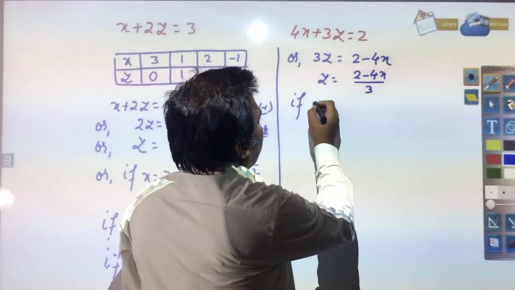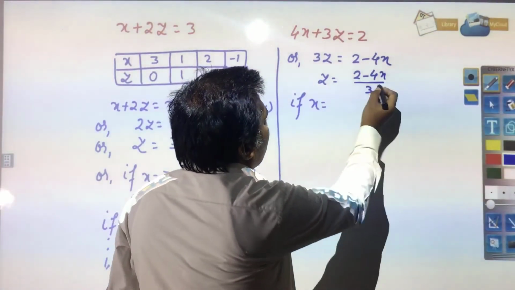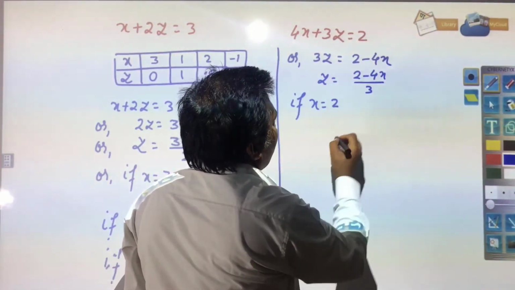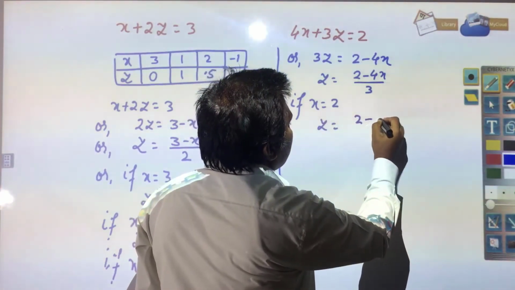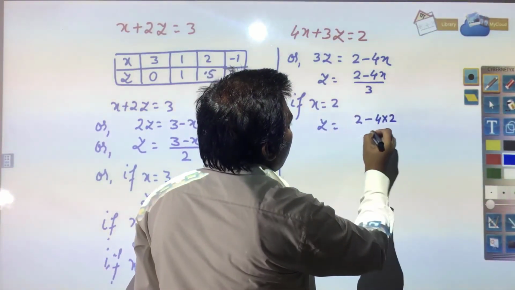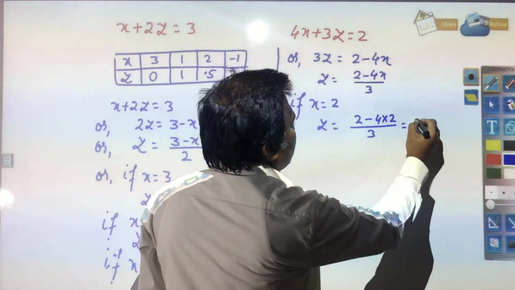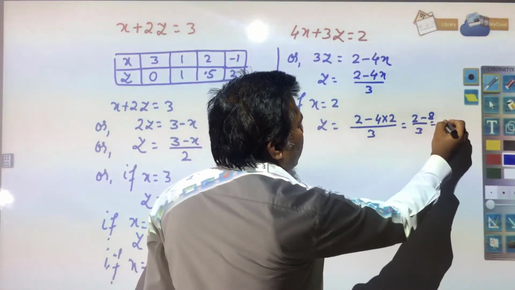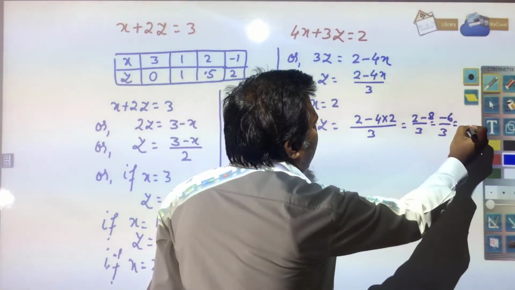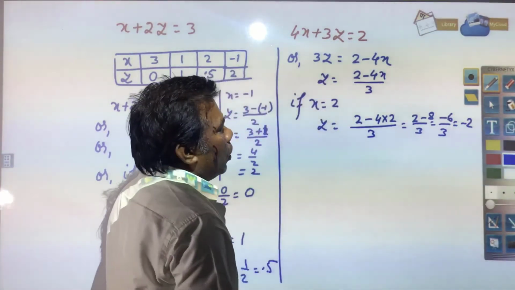Here you see, if you put x is equal to 2, y will be equal to (2 minus 4 into 2) divided by 3. It means 2 minus 8 by 3, and this will be minus 6 by 3, and minus 2 you have got.